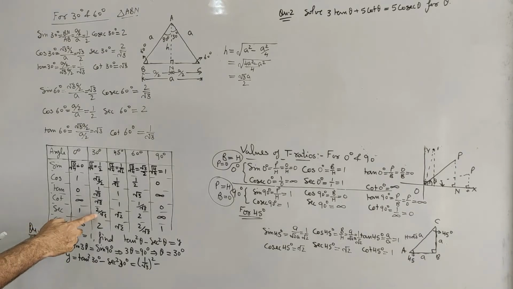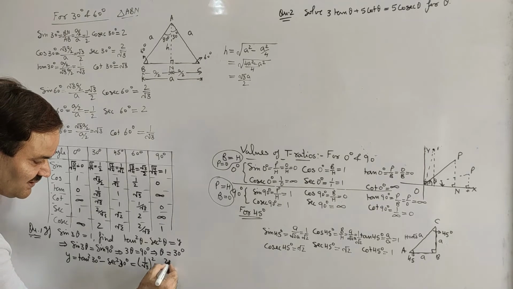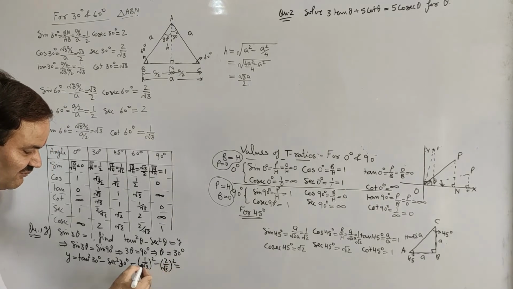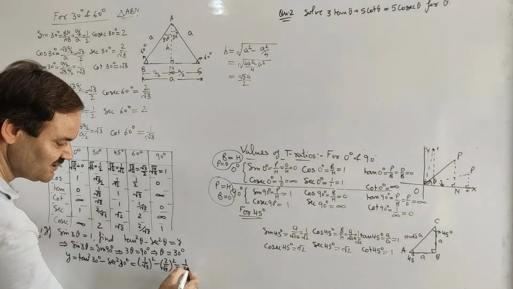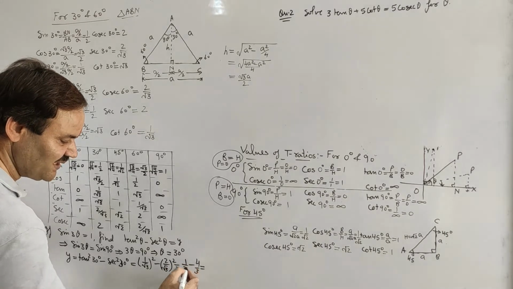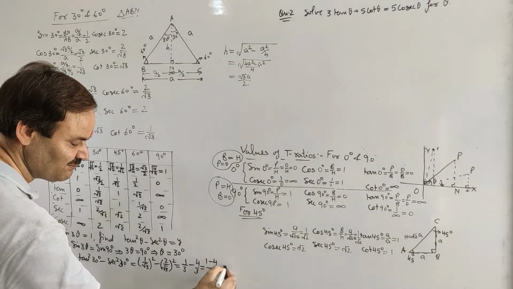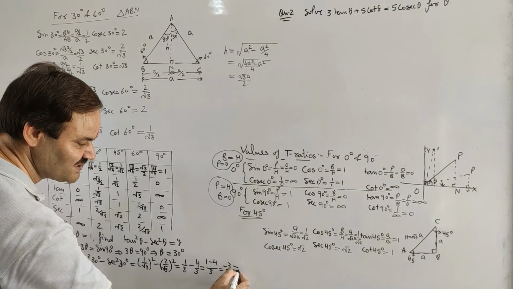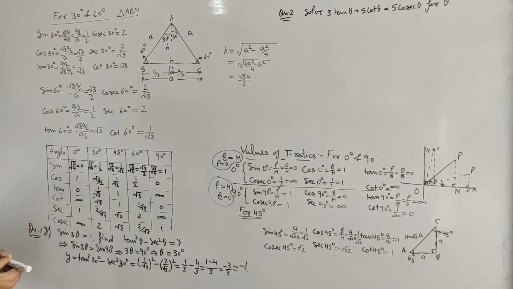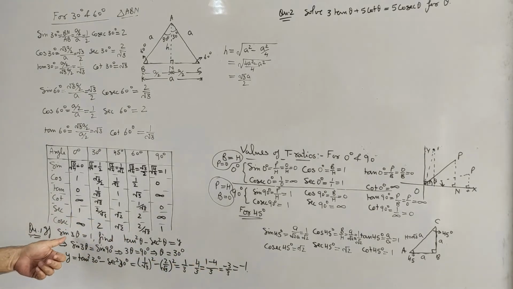Sec 30 is 2 by root 3, so 2 by root 3 square. 1 by root 3 square will be 1 by 3, minus 2 by root 3 square will be 4 by 3, and with LCM being 3, 1 minus 4 by 3, that is minus 3 by 3, which is minus 1. So the value of tan square theta minus sec square theta will be minus 1 when sin 3 theta is 1.